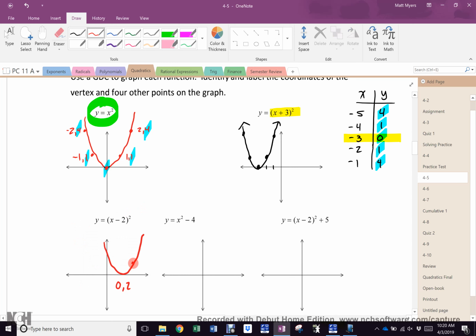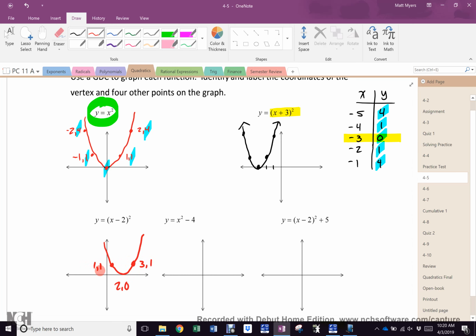And what is my first point? No, not 0, 2. 2, 0. 2, 0. And what is my first point? 3, 1. Over 1, up 1. What is this point here? 1, 1. Is everybody cool?